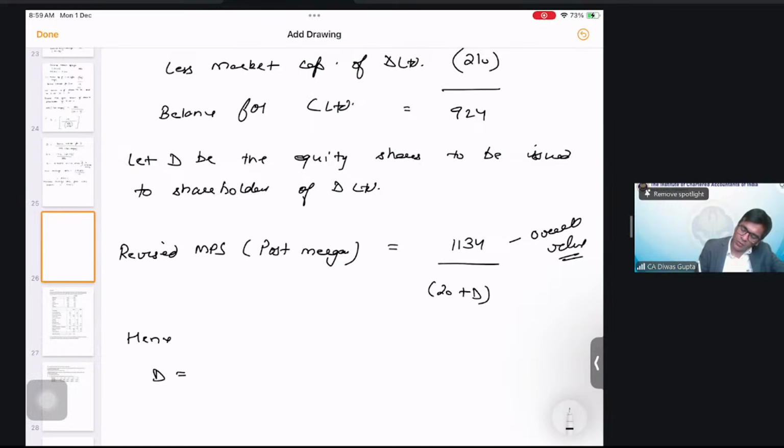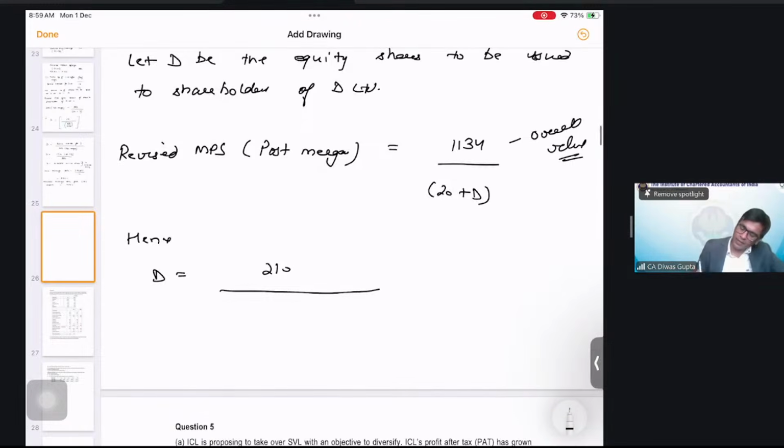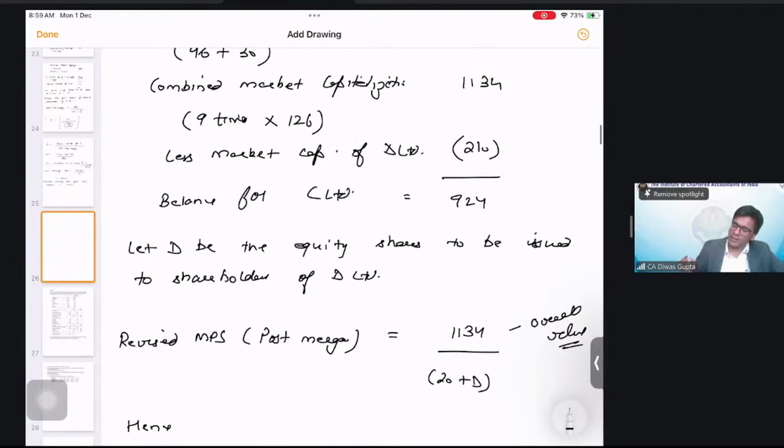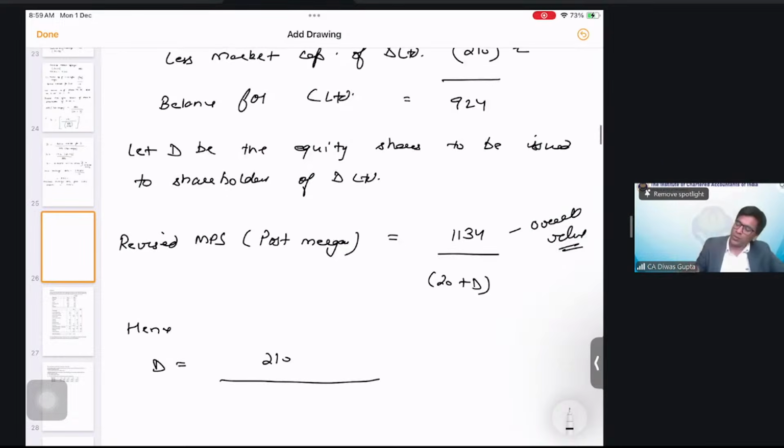Hence, D is equal to 210 divided by. So this 210 is basically their own value, right? At least they will expect their own value to be reflected by the number of shares that has been issued to them, right? So what we will do? We will do 210 divided by the revised market price per share, students.